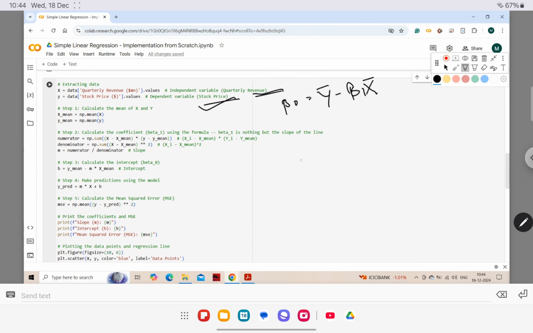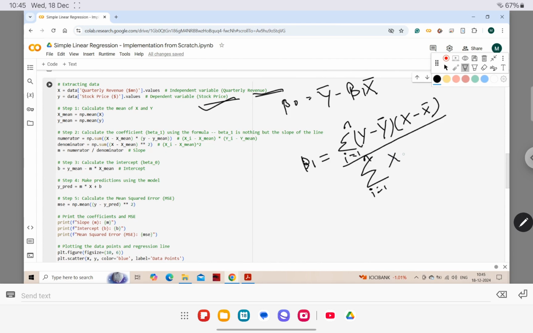And for calculating beta 1, we had the sum over i equal to 1 to n of (x_i minus x bar), the independent variable minus its mean, times (y_i minus y bar), and the whole divided by the summation over i equal to 1 to n.